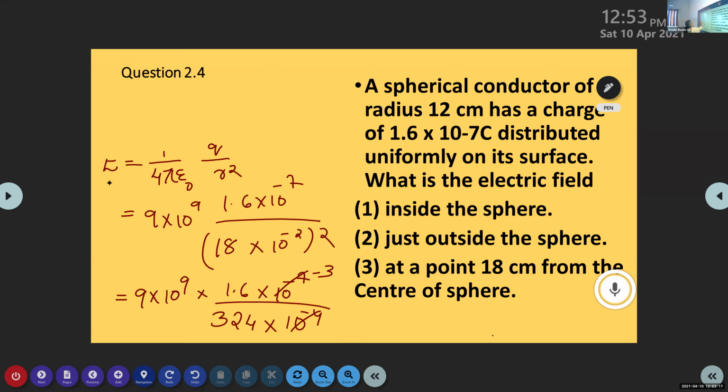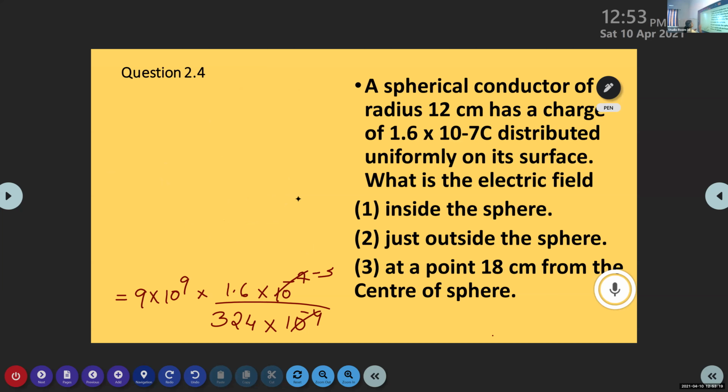So it becomes E is equal to 9 into 10 raised to 9 into 1.6 into 10 raised to negative 3 divided by 324. Again, we can cut this 9 and 324. It becomes 36.